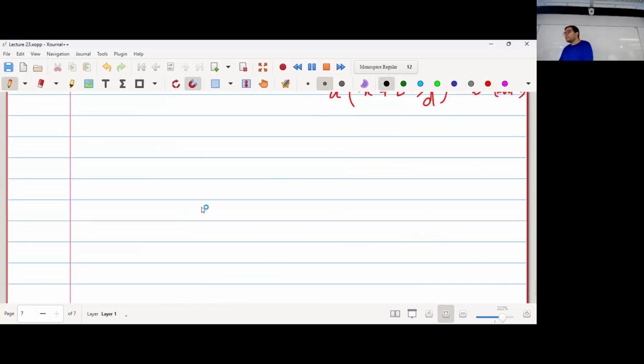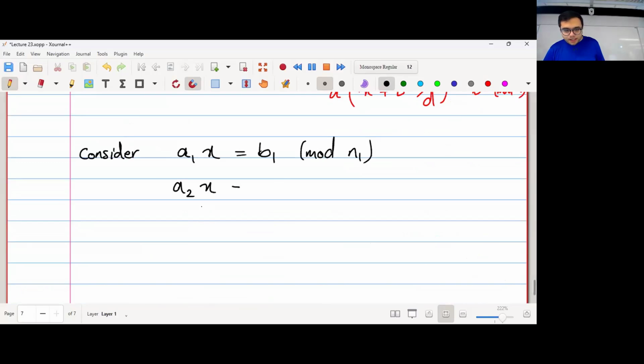Now, suppose that instead of just having one such equation, I have 2. Consider that I have A1X is equal to B1 modulo N1, and A2X is equal to B2 modulo N2.